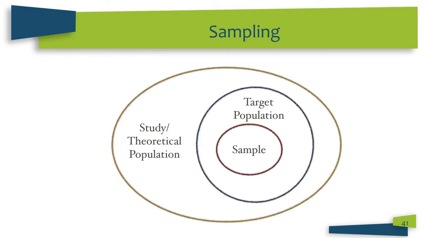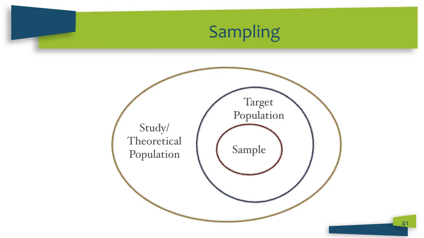So this diagram shows you the relationship between your sample, which is right in the middle, the actual data that you'll collect, which will be part of your target population. In the case of the example that we talked about, it will be Islamabad's young boys. The sample is those young boys that you sampled. They're only a part of the target population.